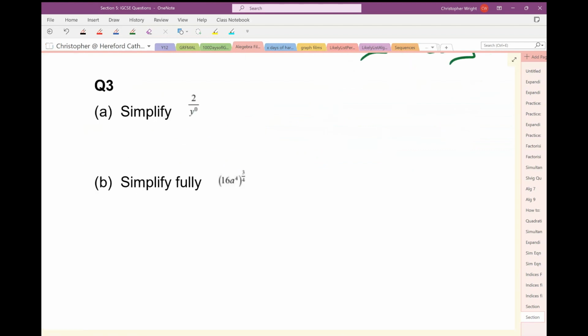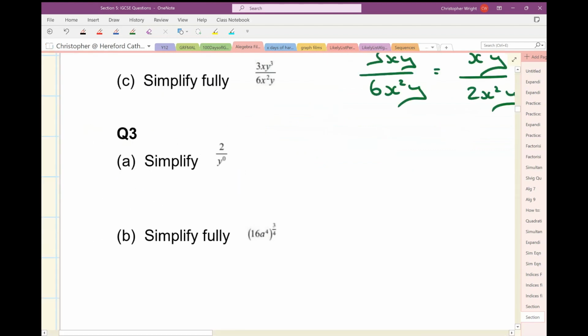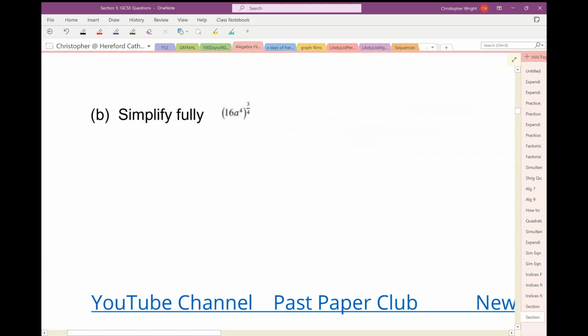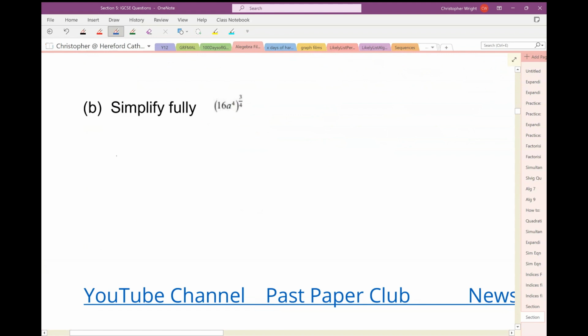Question 3. Simplify 2 divided by y to the 0. Well, that is simply 2 over 1, because anything to the power of 0 is 1. So my answer is just 2. Part B. Right, I've got 16 a to the power of 4, and I'm putting that to the power of 3 quarters.